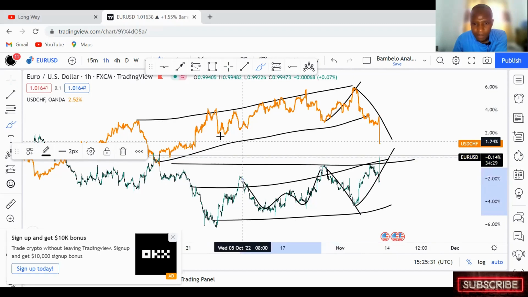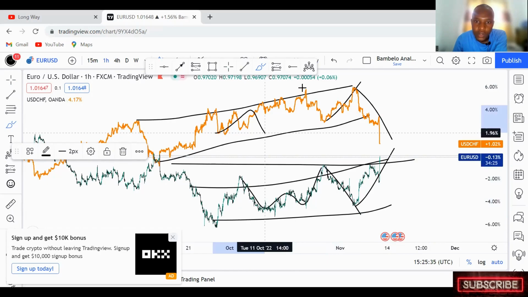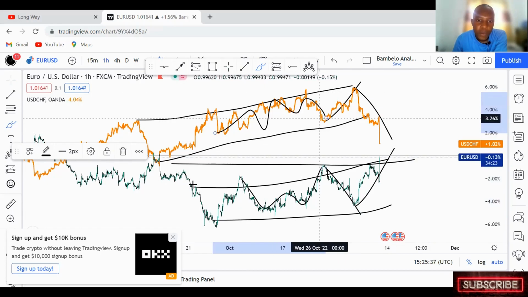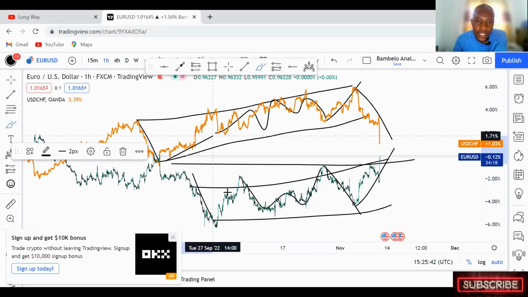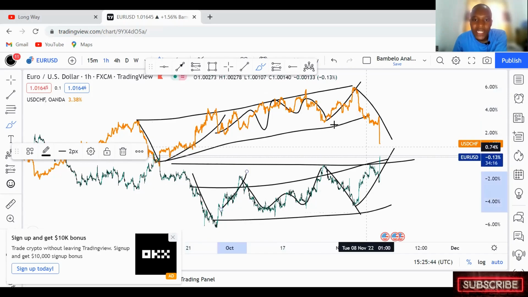Okay, but either way, guys, what I'm trying to say is that when the other one buys, the other one sells. Because sometimes when you analyze the DXY, you do not necessarily have to analyze USD Swiss francs because they move almost the same, right?